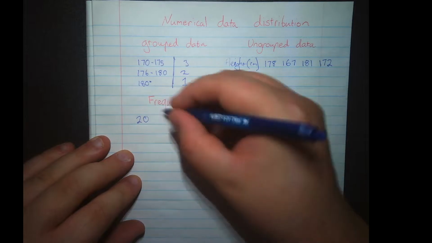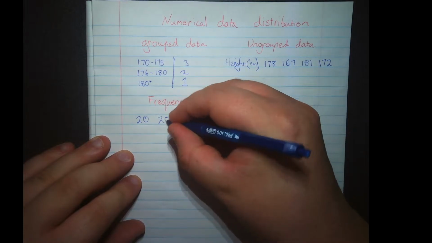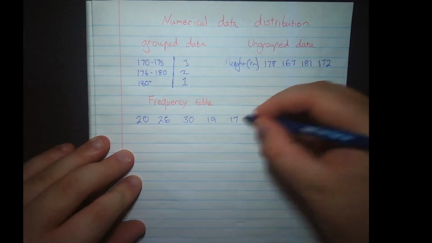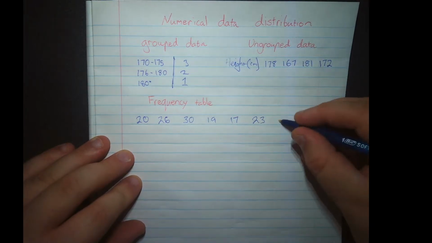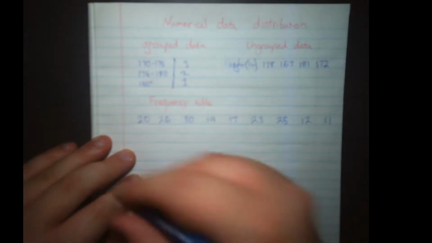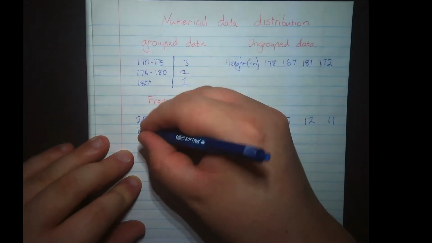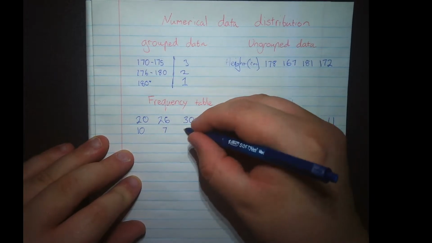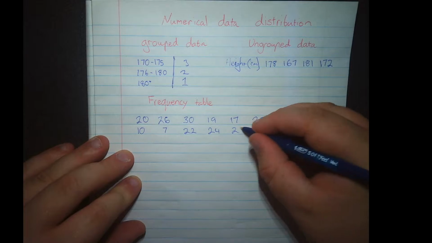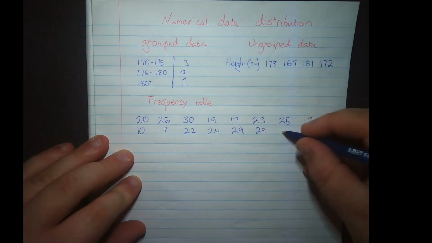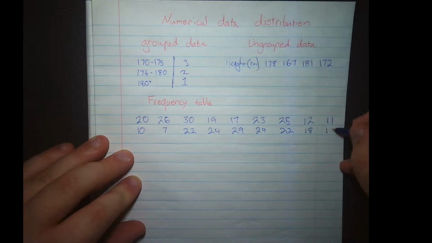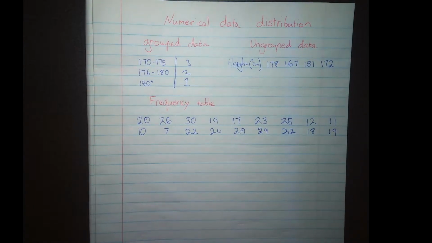So I might have 20, 26, 30, 19, 17. I'm just going to make up some numbers here just for the sake of solving a question like this. Right, so let's say that's my ungrouped data there.